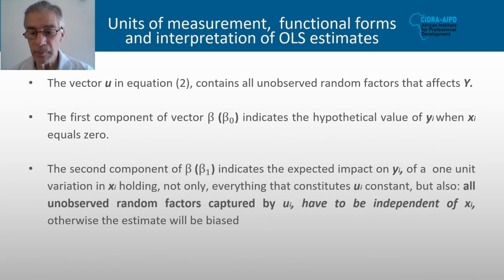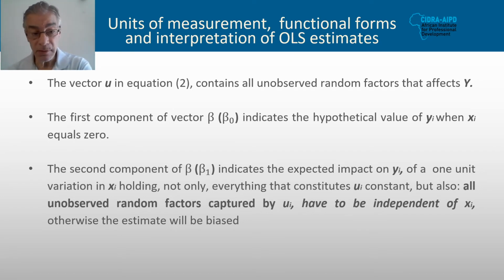Now, vector U in equation 2 contains all unobserved random factors that affect Y. The first component, beta sub 0, indicates the hypothetical value of y sub i when x sub i equals 0.